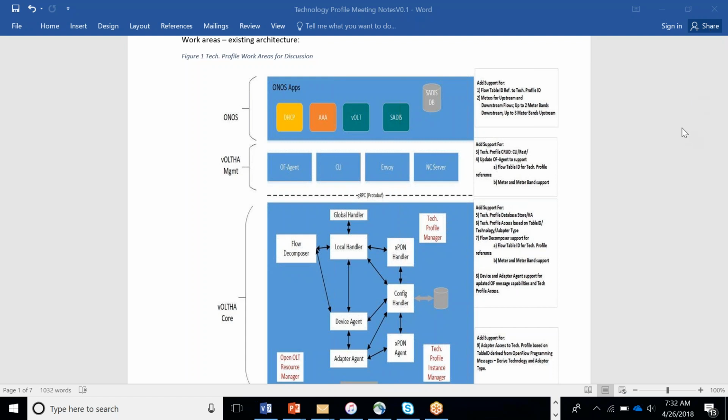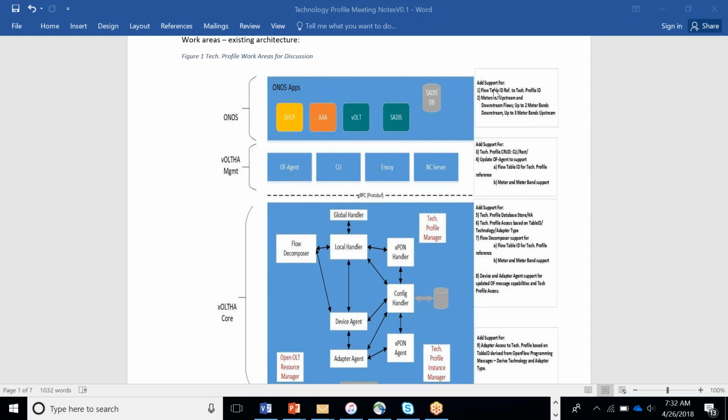So there should be just a picture of the existing model of VOLTHA, the VOLTHA core, and the ONOS layer and management layer. Yesterday we had a meeting where we took this picture and walked through the bullet points to the right of the picture.